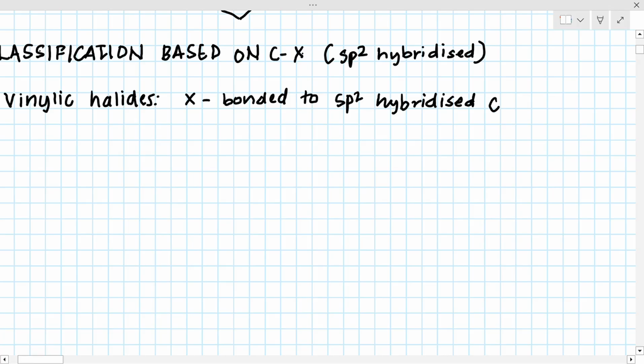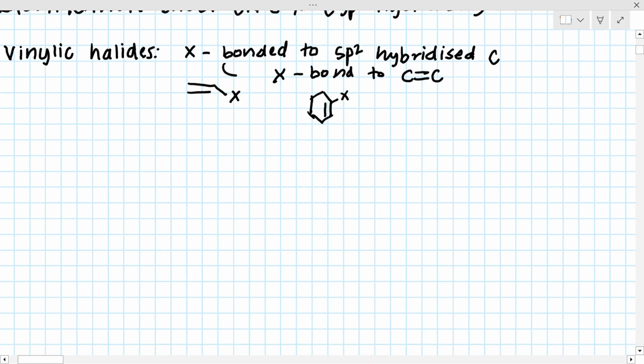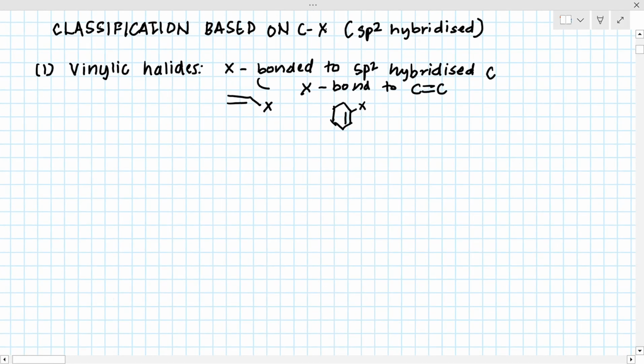So the example is this, that is X is bonded to a carbon which has a double bond. This is one example, and these two are vinylic halides.